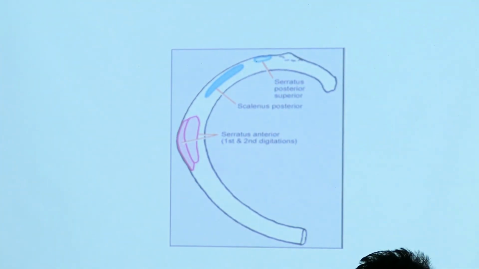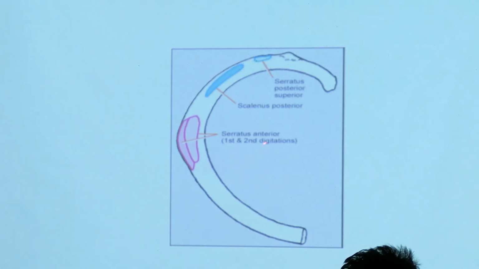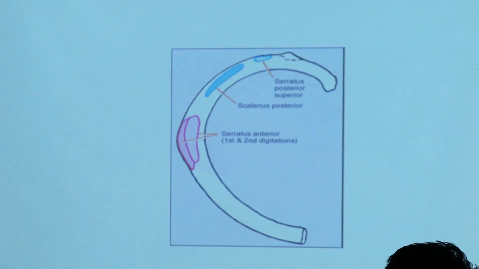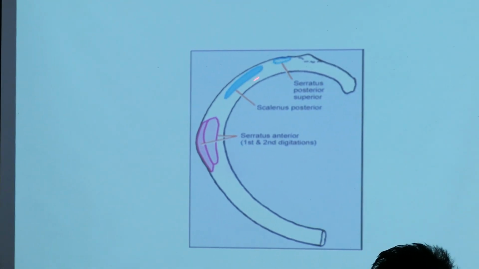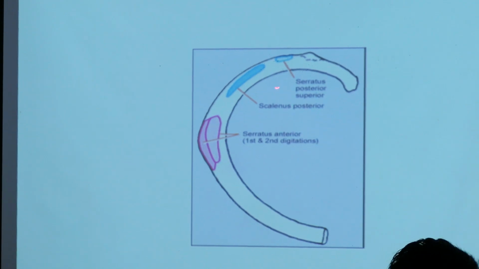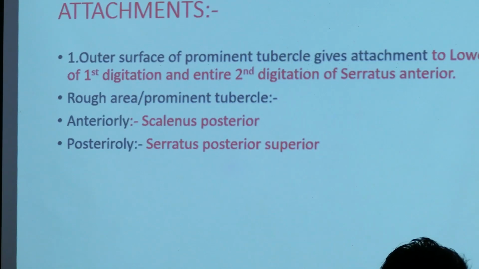See here, this rough area is present in the middle of your outer surface. So here the first and second digitations of serratus anterior are attached: the lower half of the first and the entire second digitation.